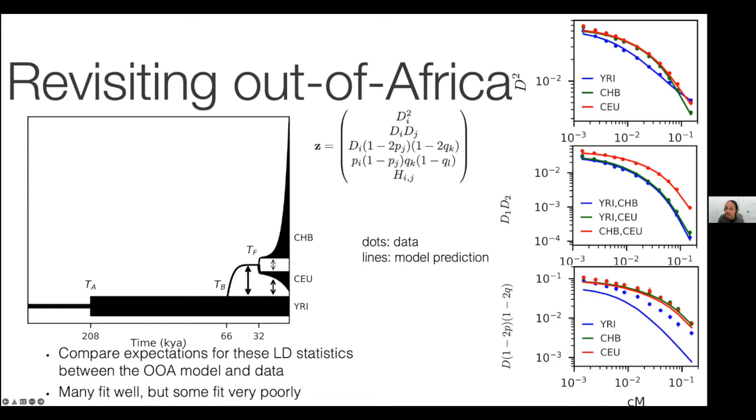The dots are the data. There's error bars on there, they're very tiny, and the solid lines are model prediction. We looked at other statistics like the correlation in linkage disequilibrium between populations, which is relevant when you try to transport GWAS risk scores across populations, and here the models also do very well. What was very interesting is that there was this other statistic that just came through the math. We didn't have any intuition about it.